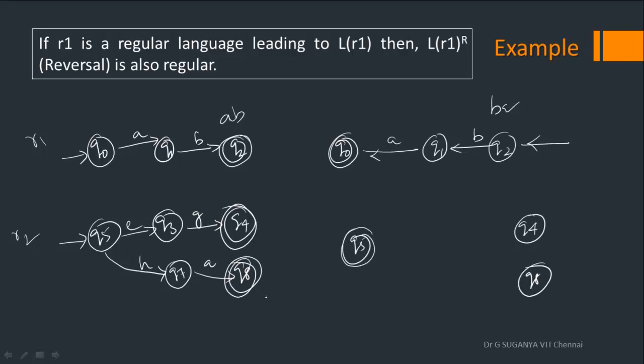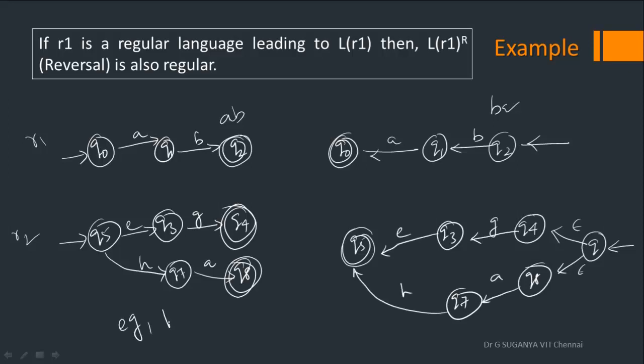Since we have 2 different start states, you have to create a new start state and draw epsilon transitions. Later on, you can convert this into a DFA by applying the normal procedure. The remaining states will remain as they are. Just reverse the edges. So if this accepts EG and HA, this will accept GE and AH. This is for concatenation.